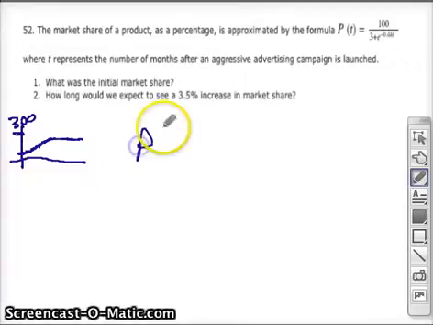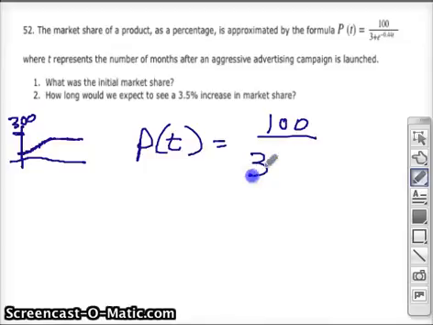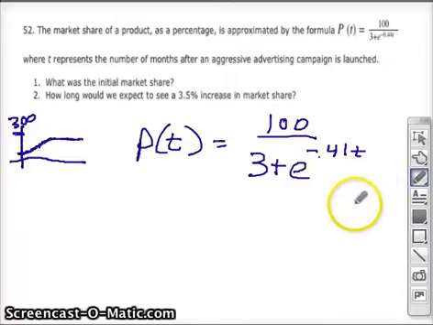This is called logistic growth. Now here is the formula, P of T, which stands for the percentage, right? The market share percentage is equal to 100 over 3 plus e to the negative 0.41 t. All right, now hold the phone for a second. What is the initial market share?